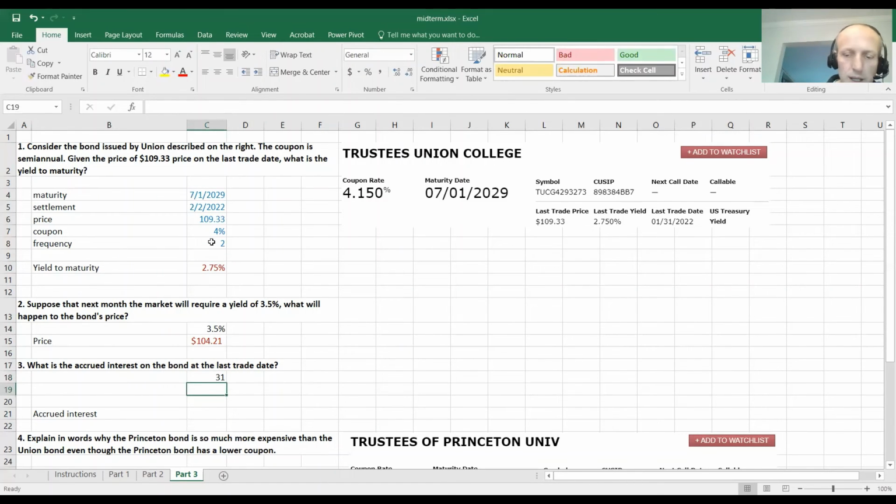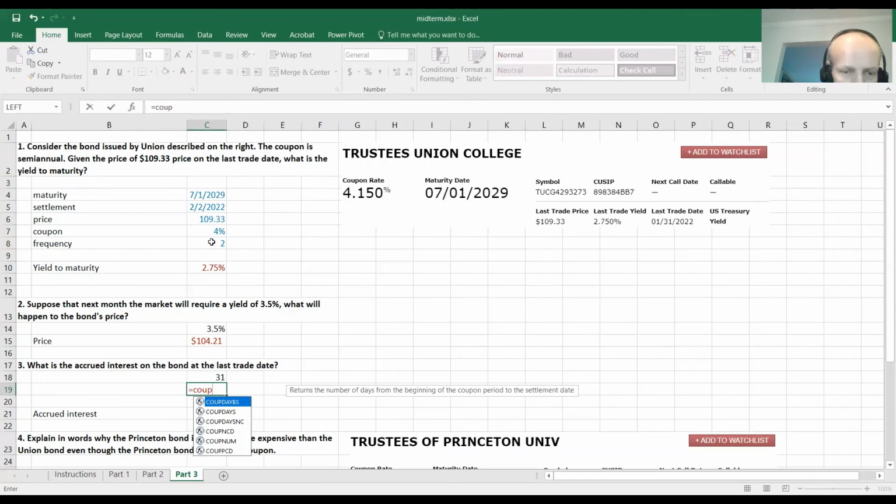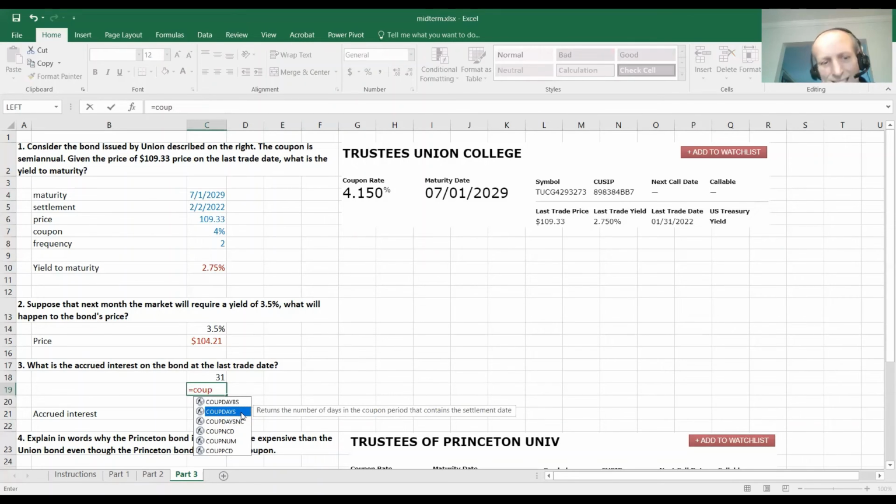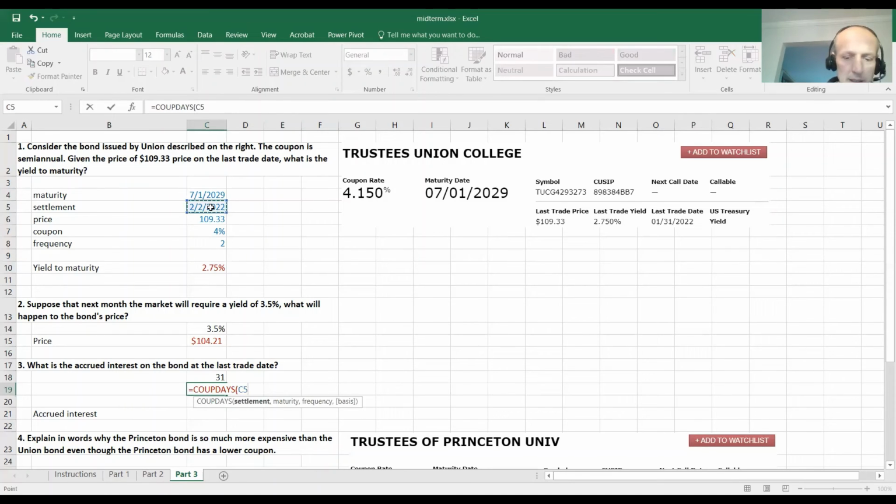And the number of days between coupons. So this is going to be coupon days. The number of days in the coupon period that contains the settlement date. So that's going to work. Settlement date is here. Maturity is here. Frequency is 2. Basis, make 0. It's the default 180.